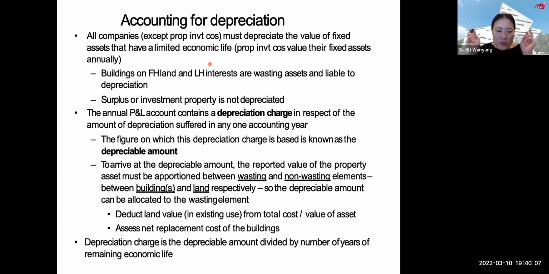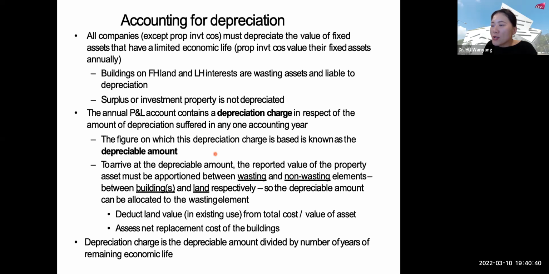For example, the buildings on freehold land are wasting assets. They are liable to depreciation. But investment property or surplus does not depreciate. That's just how we do the accounting.